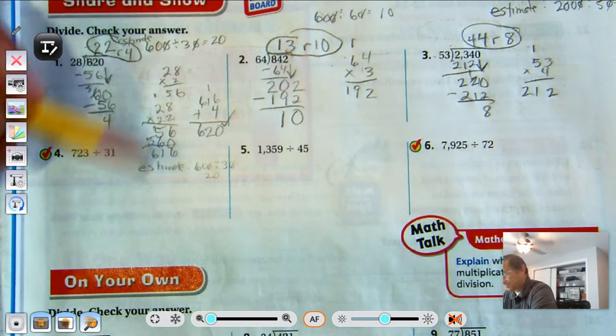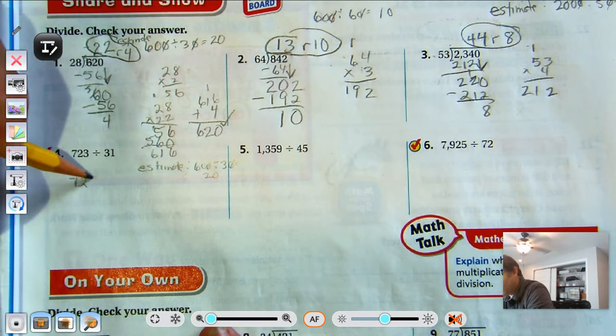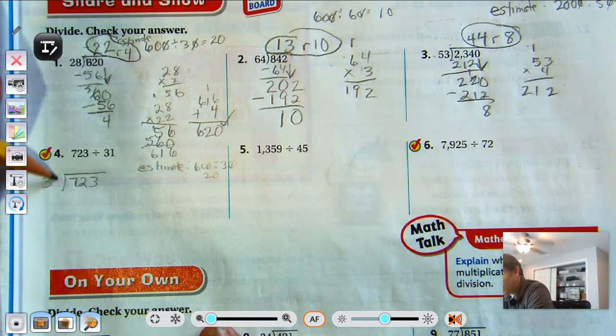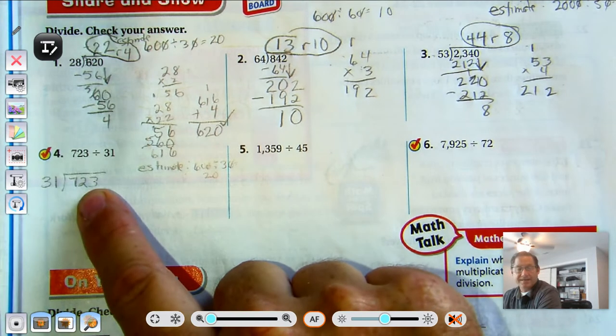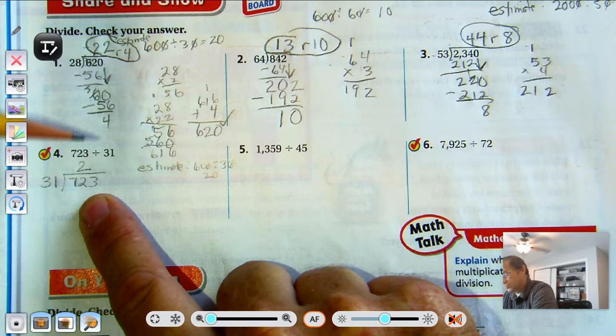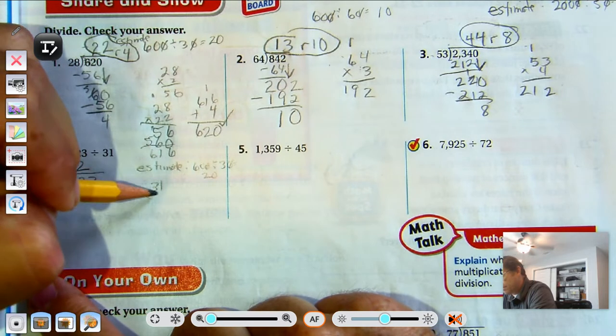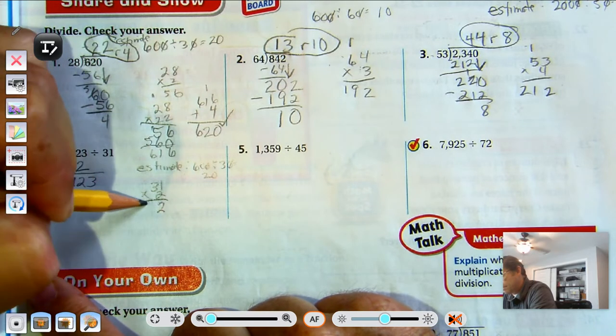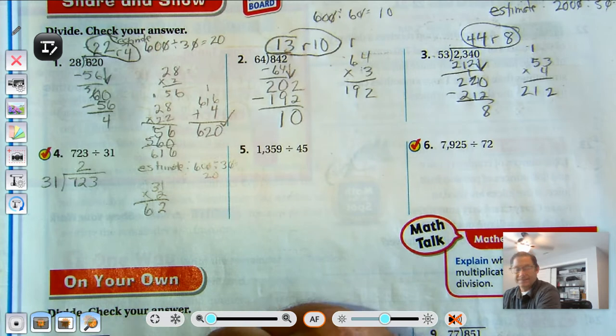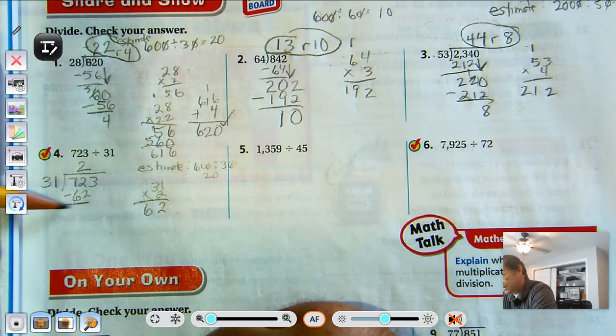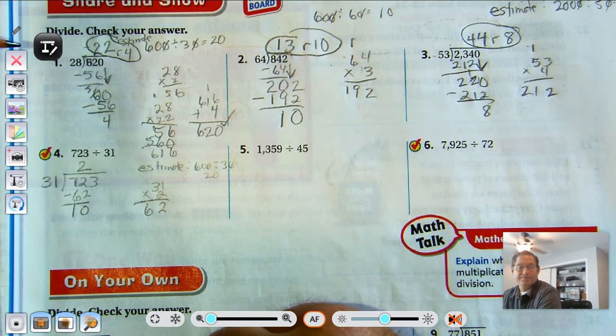All right, so 723 divided by 31. So our first digit's in the tens place. 2 might work. 2 times 31 is 62. Subtract, we're left with 10.